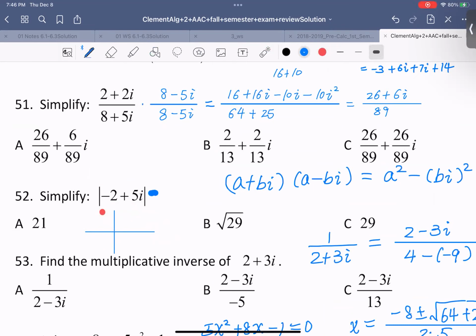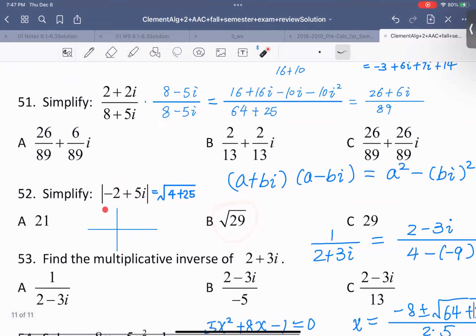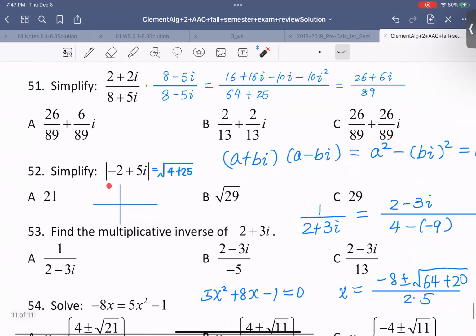This is square root of 4 plus 25. Okay? Make sure when we do this thing, you square that guy, you square that guy. Don't do 5i squared. Please don't do that. That's wrong, okay? This is square root 29.